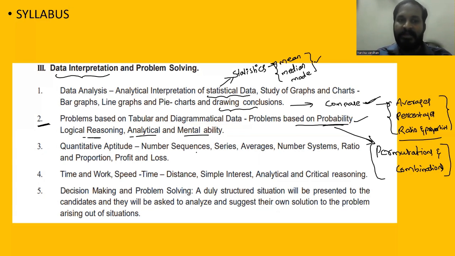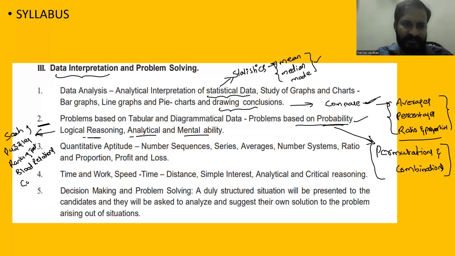Remember that. Now come to logical reasoning, analytical, and mental ability. What comes under these are seating arrangements, puzzles, ranking tests, blood relations, and coding and decoding.